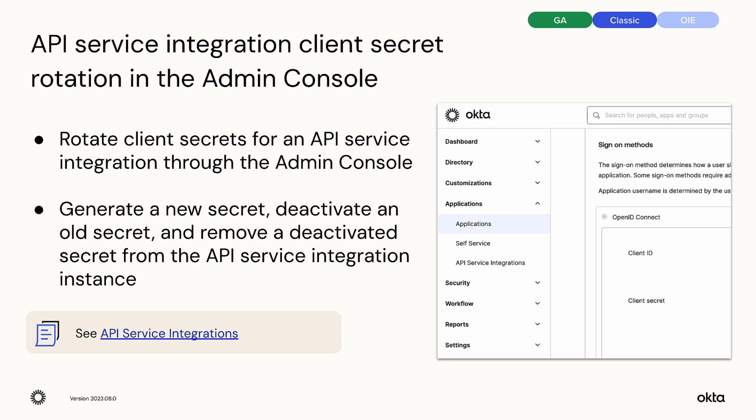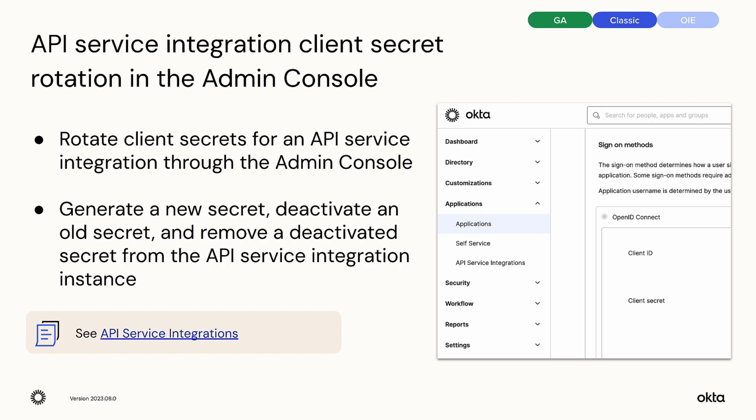API Service Integration Client Secret Rotation in the admin console. New in this release is the ability to rotate client secrets for an API service integration through the admin console. Previously, if a customer wanted to update the client secret for an API service integration, they had to reinstall the integration to obtain a new client ID and secret.